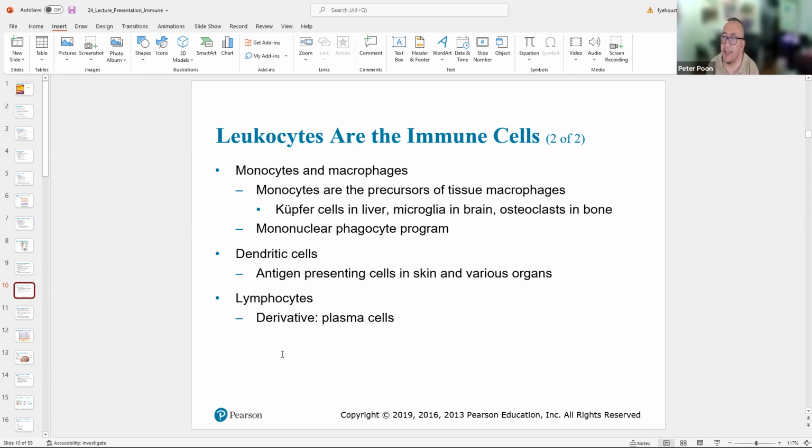Monocytes are turned into macrophages. Monocytes float through your bloodstream, and when they get to the tissue, they're called macrophages.